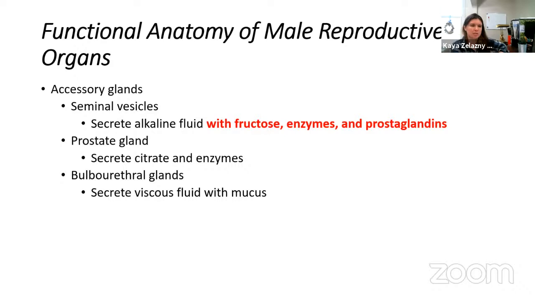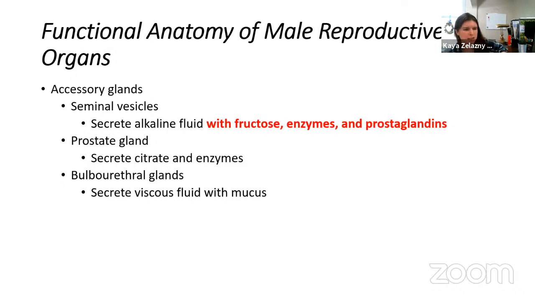It also includes fructose, enzymes, and prostaglandins that allow the sperm to have better motility and better ability to fertilize eggs. So they're feeding the sperm. They're helping the sperm do their job, helping the sperm break down the outer layer of the ova, things like that. So they have a big job to do, even though they're not producing sperm themselves.